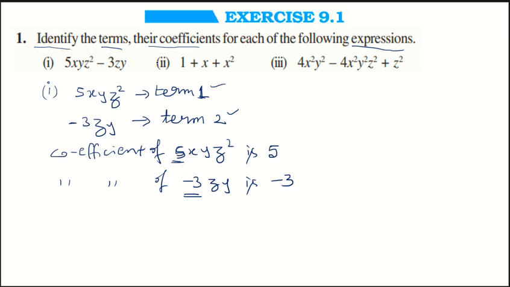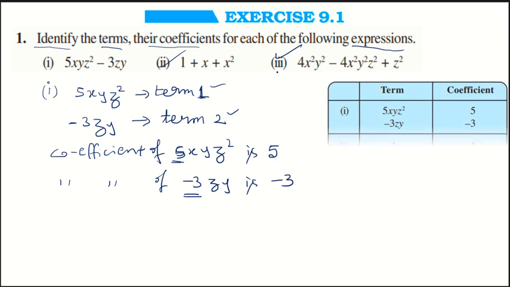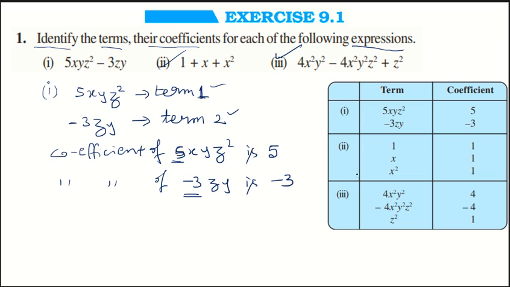For the second one and third one, you can do it and make a table like this. Here in this table you could observe, for the question 1, the terms are written separately and their coefficients are written beside.